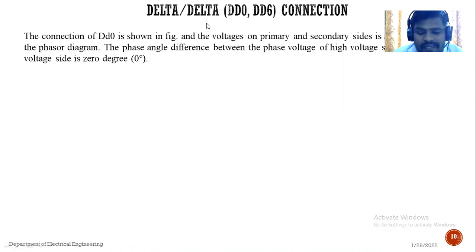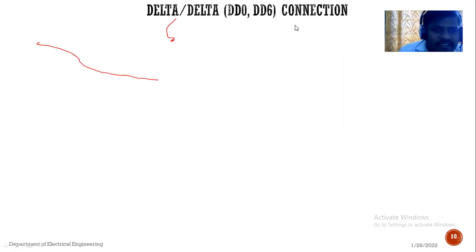In a delta delta connection, what is the meaning of DD and 0? I have represented the connection here.